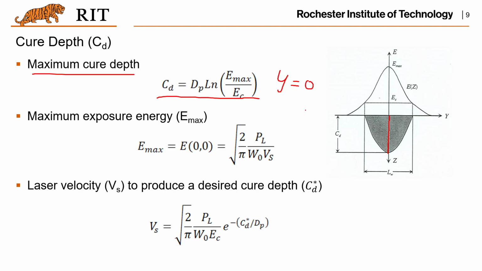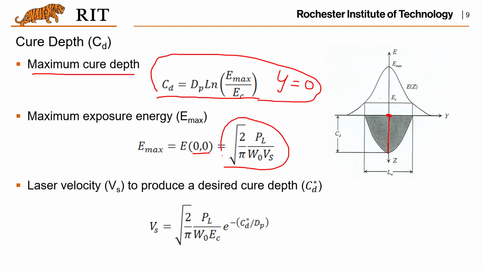That's the maximum cure depth, right? And also the maximum exposure energy, which happens right on this spot. When y equals 0 and z equals 0, when you substitute this into the equation, you will have only this number left.